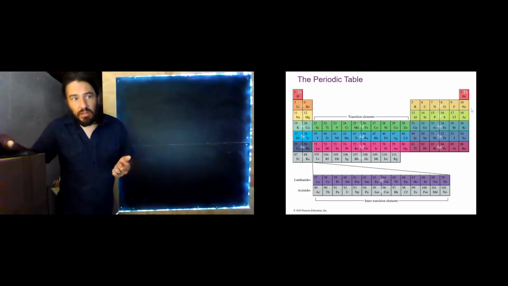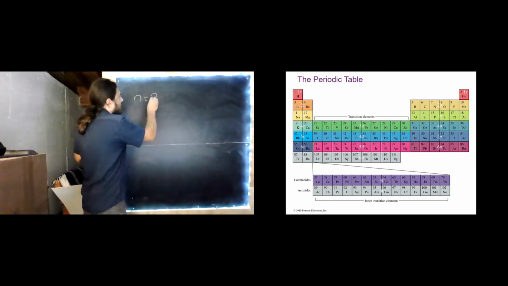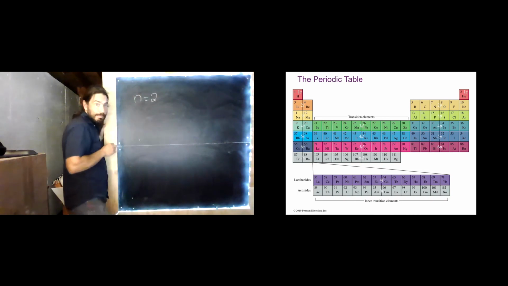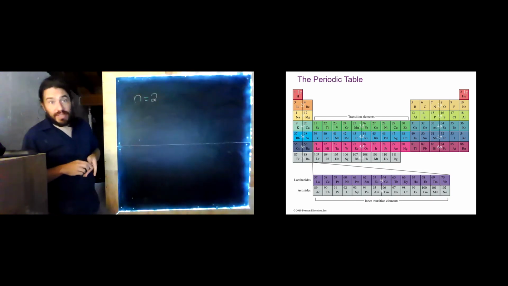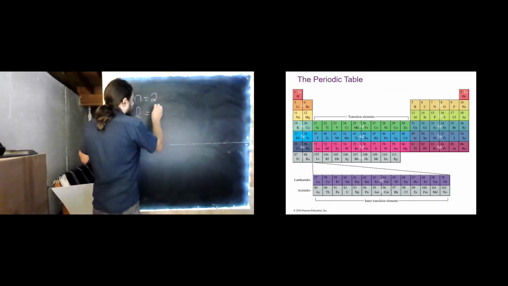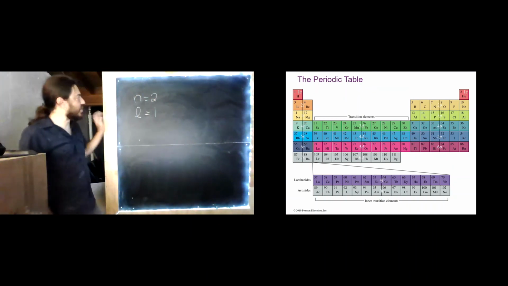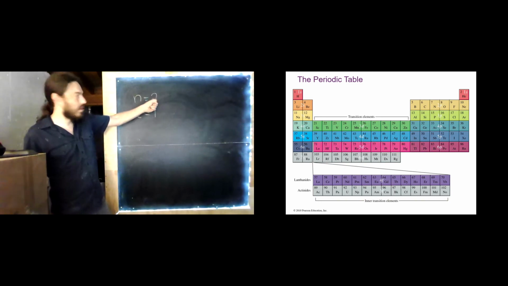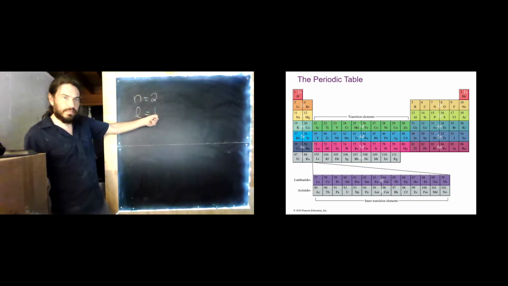In the 2p shells, we have n equals 2. And the p orbital corresponds to L equals 1. Okay, so we know that all of those electrons have n equals 2 and L equals 1.